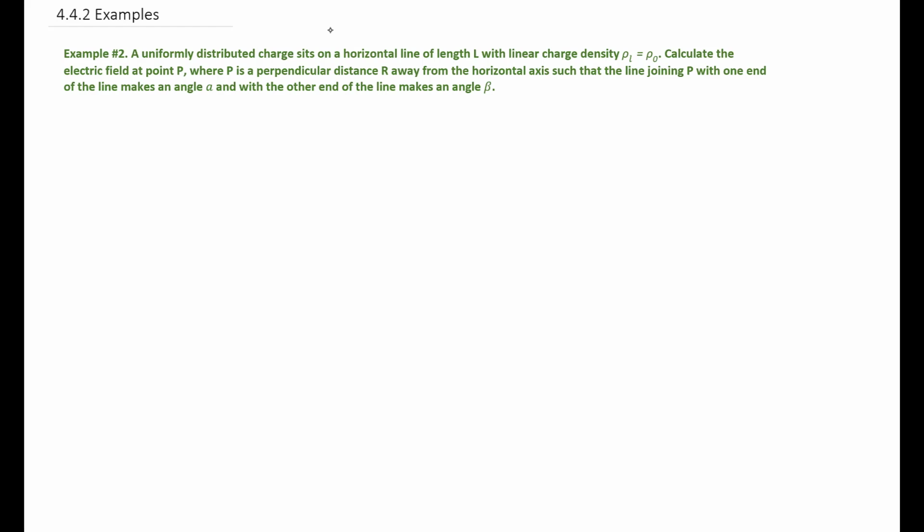So I want to draw this diagram first. It's already given to us, but like I said, the first thing we want to do is label as much as we can on the diagram so that we can leverage different relationships.